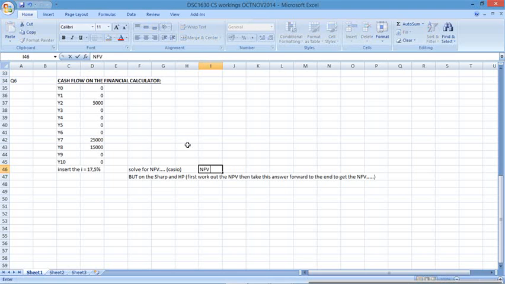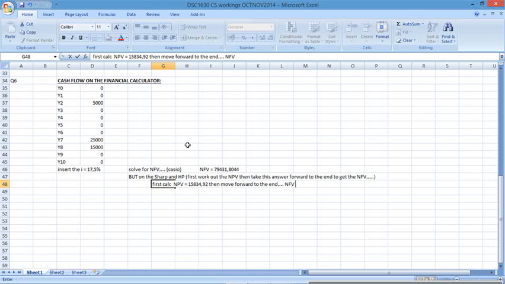When I work out the net future value, I got an answer of 79,431.80. If you did it using the Sharp or the HP, first calculate net present value, which comes out to 15,834.92, then move forward to the end.